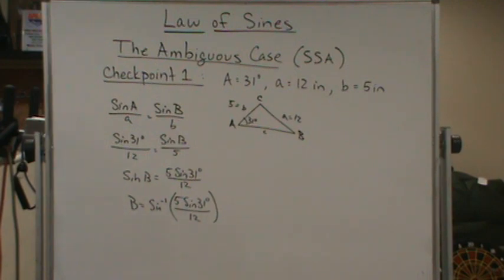So let's see what I can get here. 5 times sine 31 divided by 12.